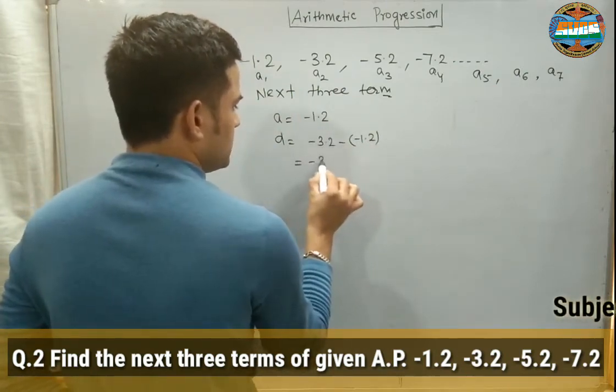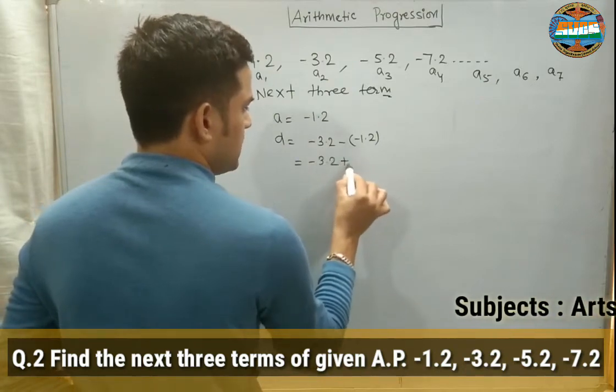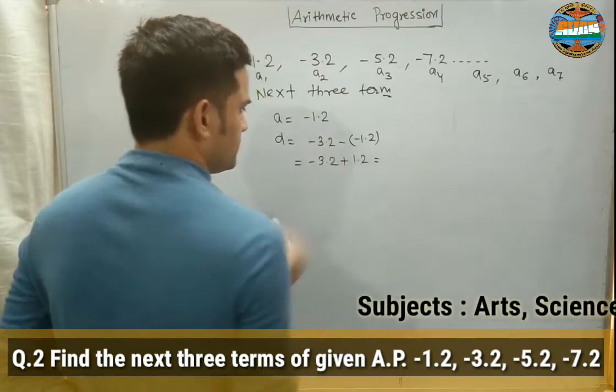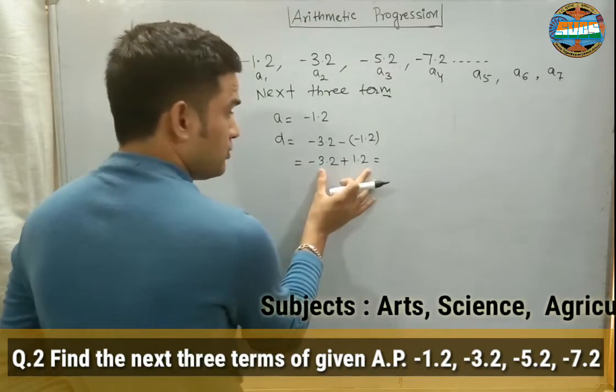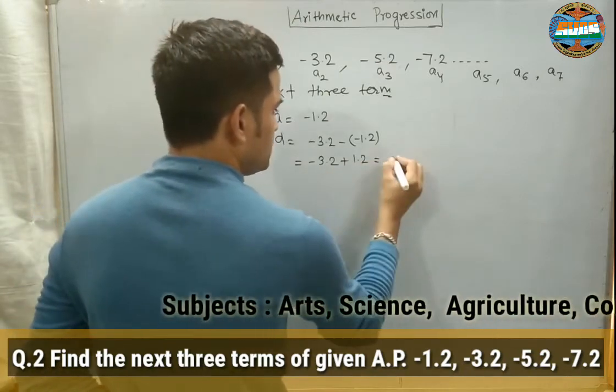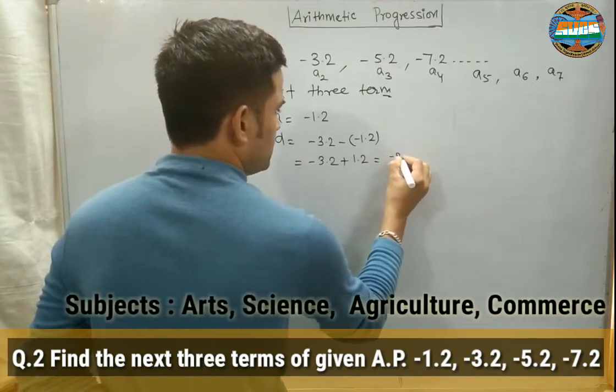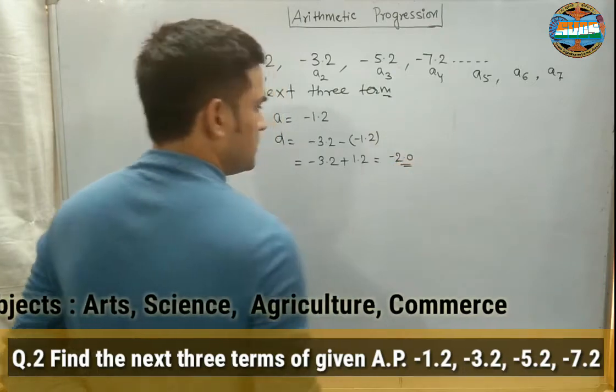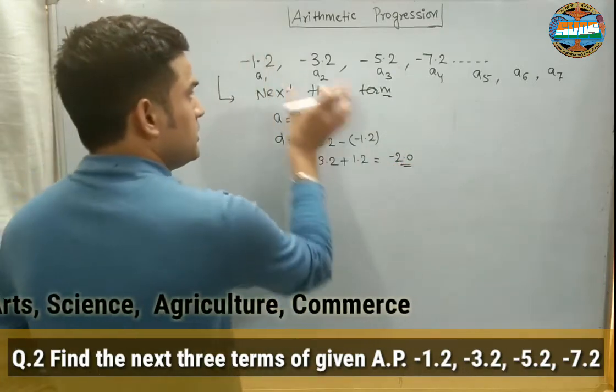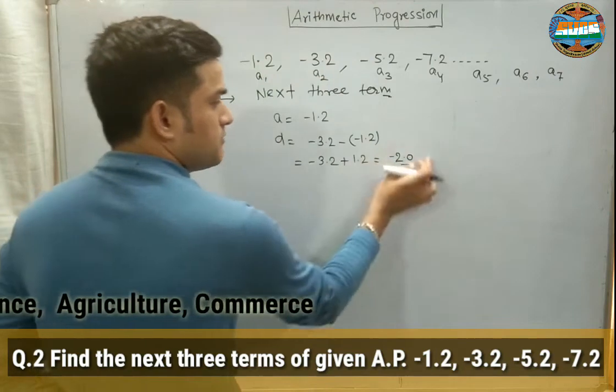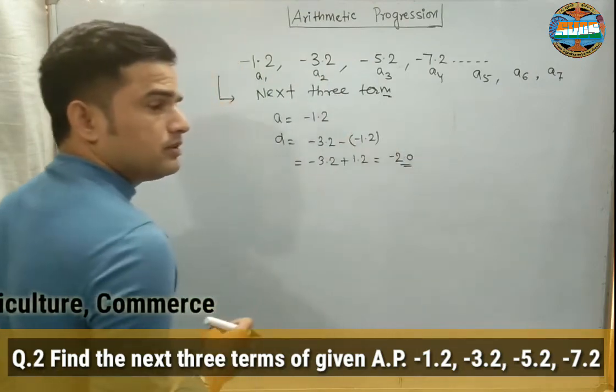Solution of this: -3.2 minus... The solution of this is -2.0. The difference between each consecutive term is -2.0.